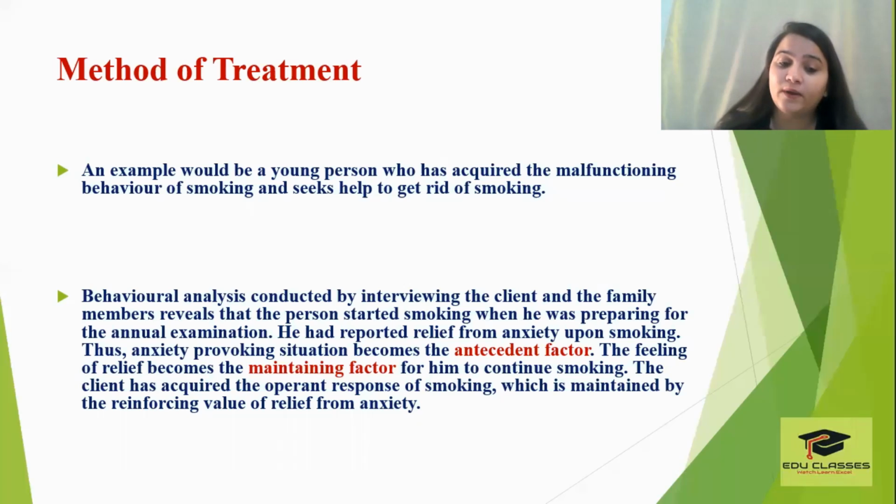The client has acquired the operant response of smoking, which is maintained by the reinforcing value of relief from anxiety, right? So यहाँ पे in this example we've identified three things. First, your faulty behavior is your smoking. Your antecedent factor is any anxiety provoking situation, and your maintaining factor is the fact that after smoking the person is feeling a sense of relief.